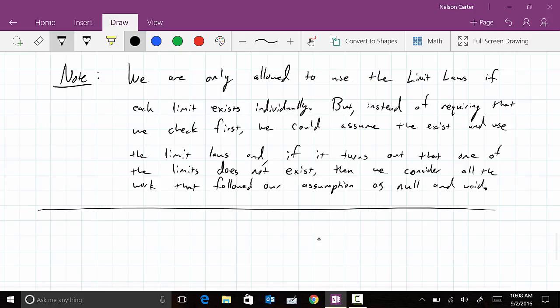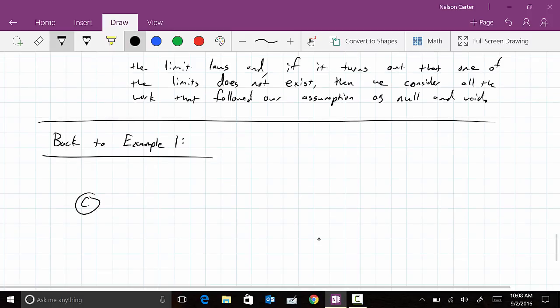So let me say here, back to example 1. Let's try to get one more problem out of it. And C is, what is the limit as x approaches 2 of f of x divided by g of x?